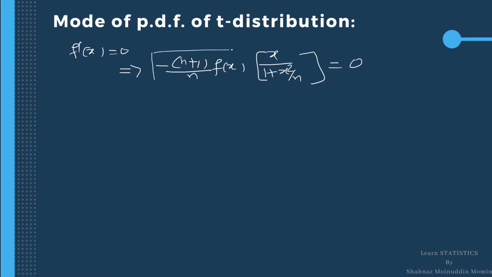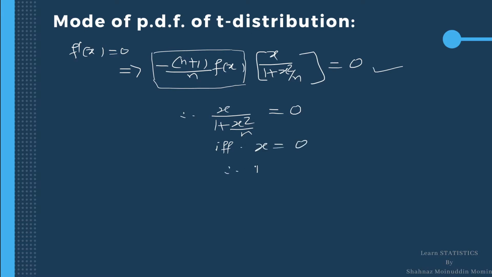Since the other factors are constant, x upon 1 plus x square by n must be 0. As x upon 1 plus x square by n is 0 if and only if x equal to 0, hence the value of x is 0 here.